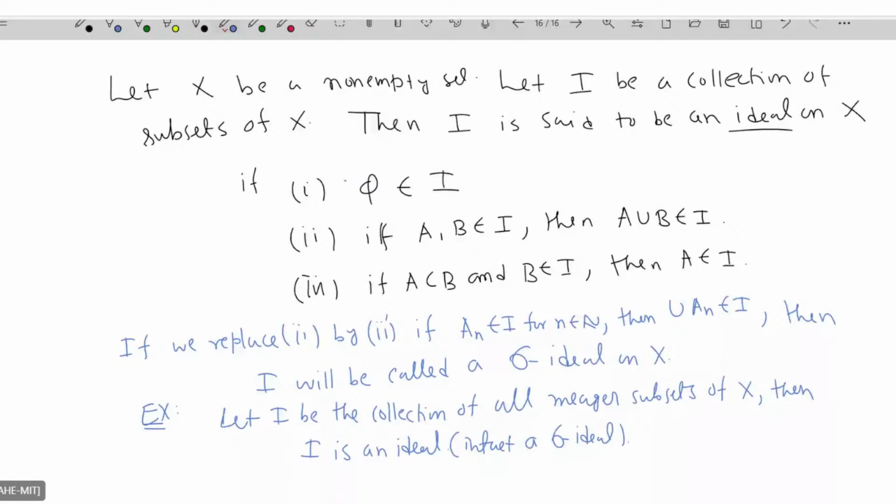What about the set of nowhere dense sets? Is the union of two nowhere dense sets nowhere dense? Let A and B be two nowhere dense sets.